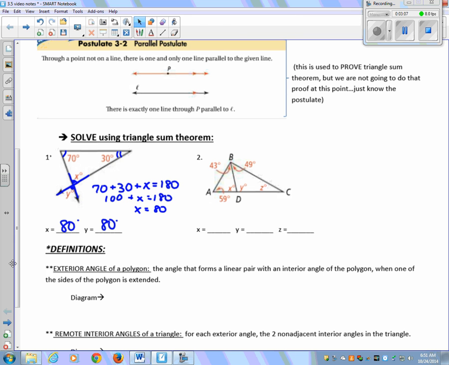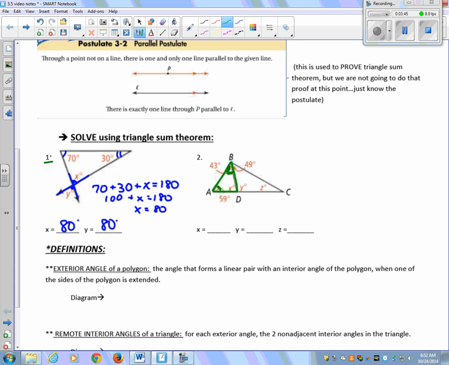Okay, number 2, a little bit more complicated here. We've got two triangles. We've actually got three triangles. We've got 1, and we've got 2, and we've even got 3. So when you see a diagram, you want to look for any triangles that you can, including overlapping triangles. But let's start with the first one here, because I see that they've given me 2 of the angle measures, just like in problem number 1. 2 of the angle measures are given, so I can easily find the third one.